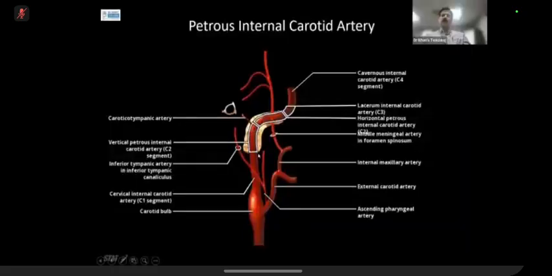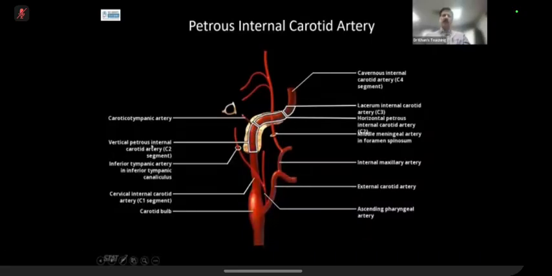Now, the carotid artery is coming through the neck. It is the content of the carotid space. It goes into the petrous temporal bone, the pyramid. And if you see here, it travels through it vertically, and we will see it on a CT scan shortly. You can see this, it is going vertically.